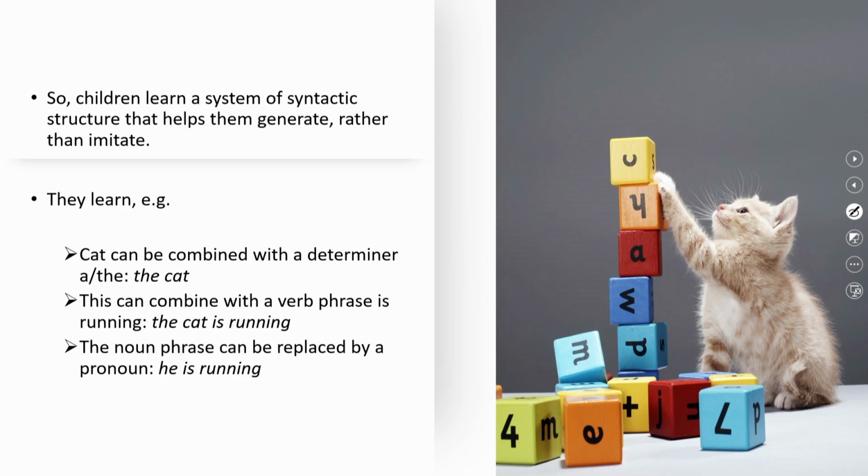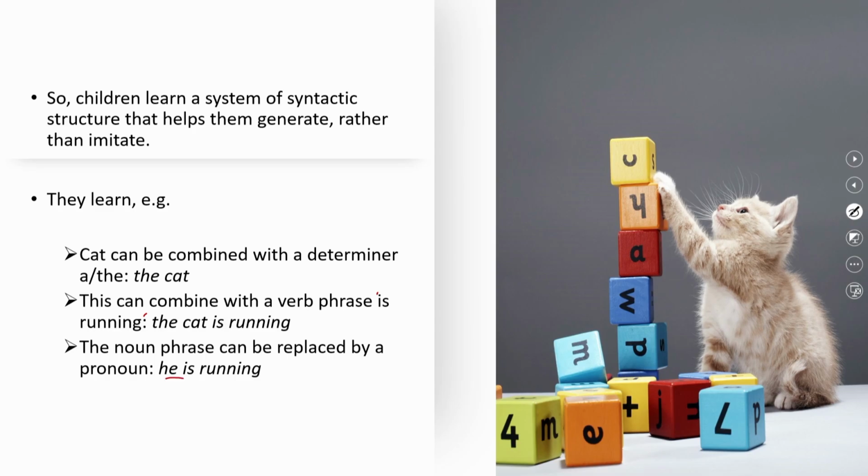They learn, for example, that the cat can be combined with a determiner like a or the. So, the cat. This can combine with a verb phrase, for example, is running. So, the sentence becomes the cat is running. The noun phrase can be replaced by a pronoun, so it becomes he is running, and so on.